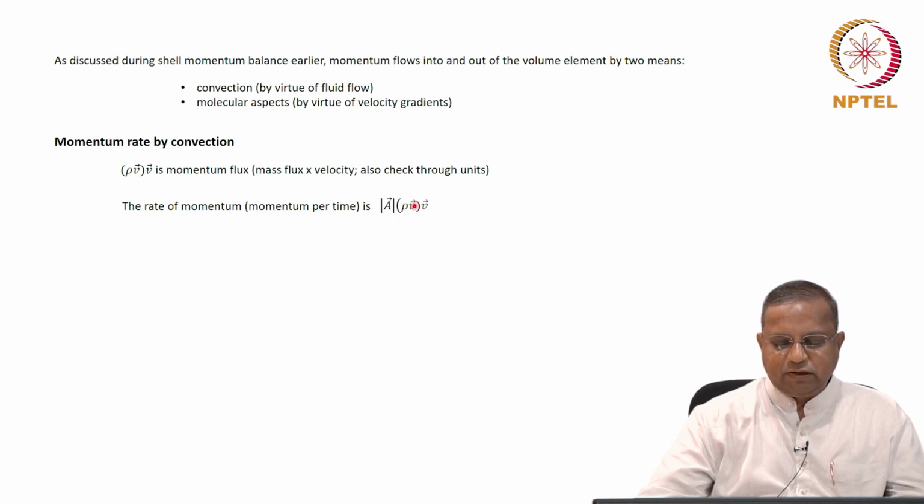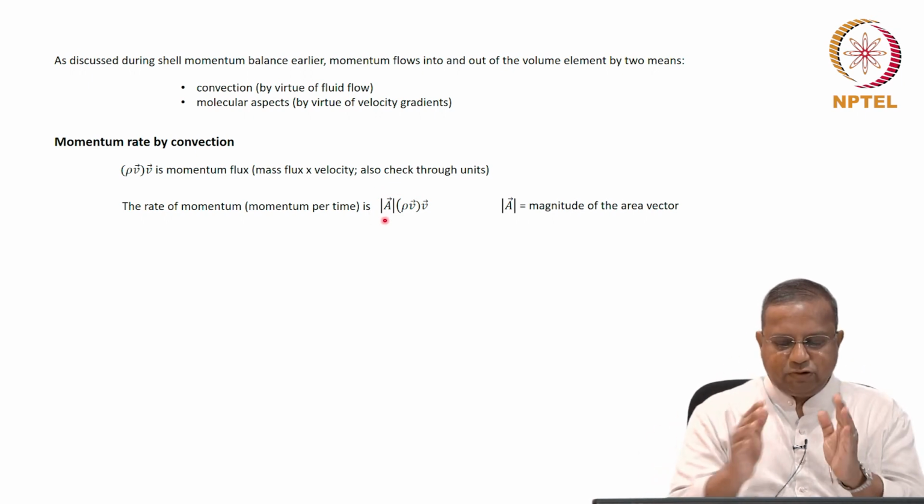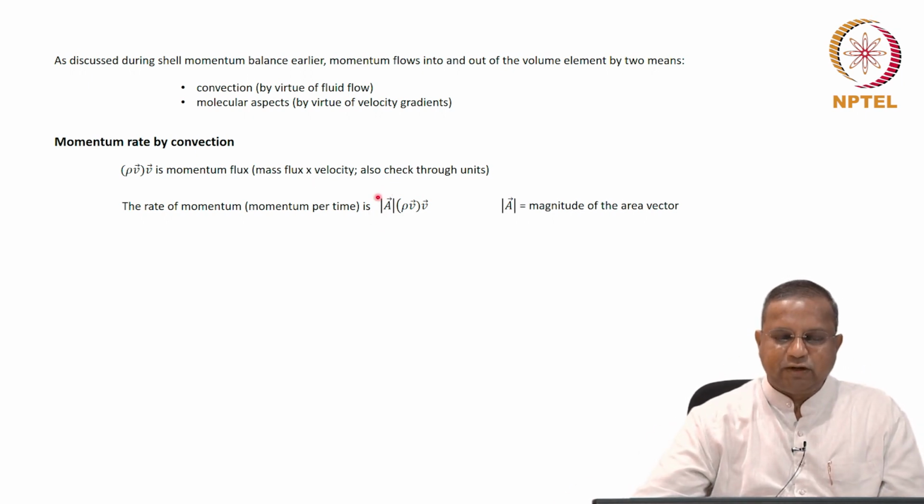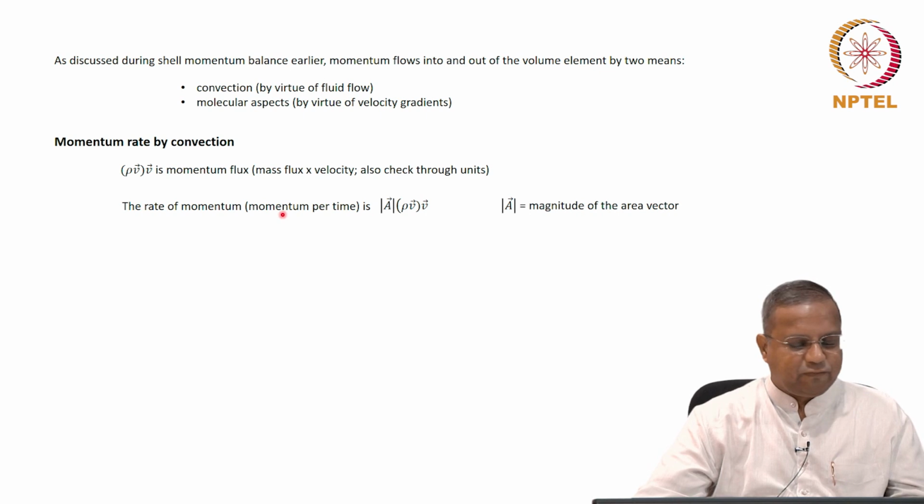All these are vectors. A is the magnitude of the area vector. This is the symbol for the magnitude of the vector, the absolute value. The magnitude of the area vector times rho v times v is the rate of momentum flux.